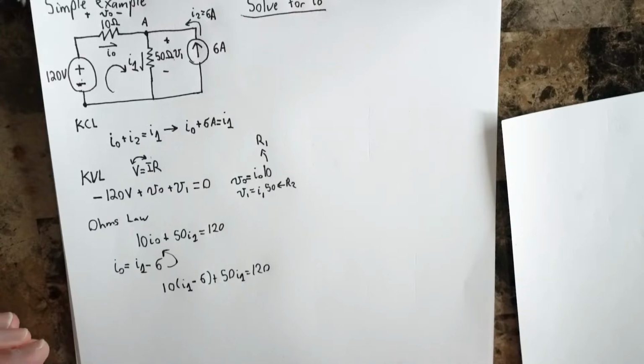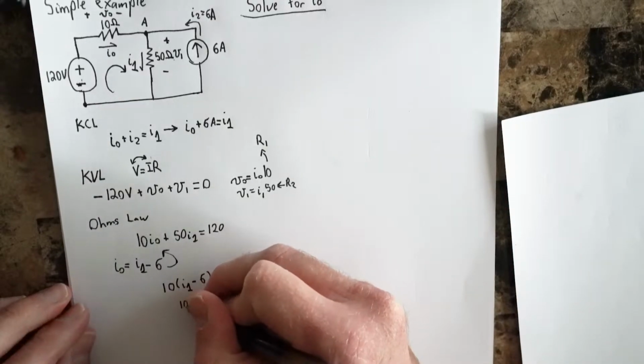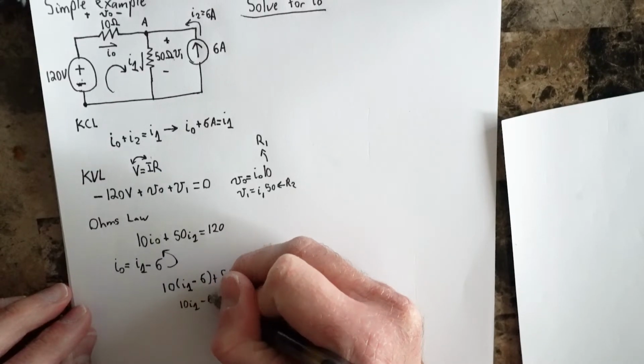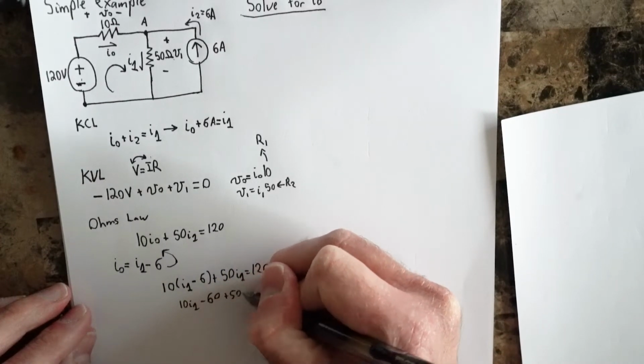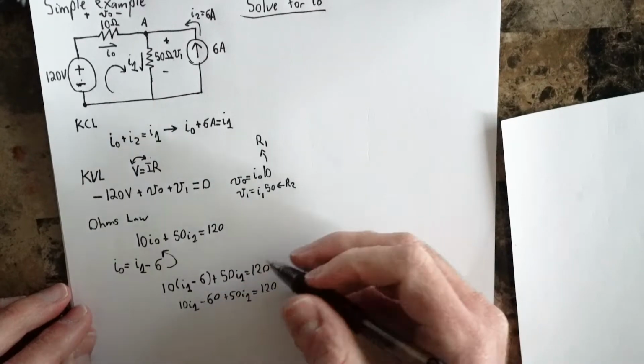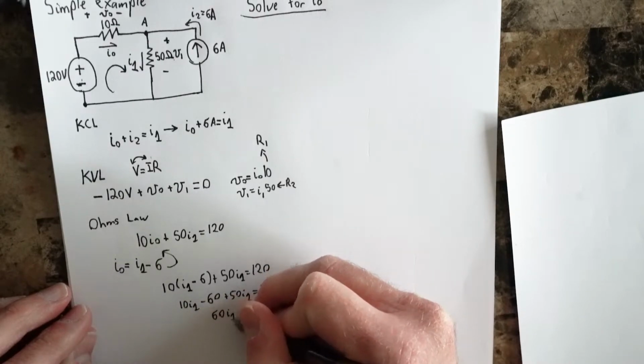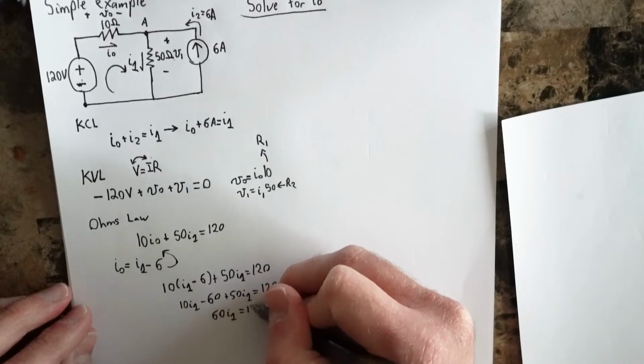Okay, so then let's go ahead and solve this out. Plugging this all together gets us 10 I1 minus 60 plus 50 I1 is equal to 120. Doing a little bit of algebra gets us 60 I1 equals 180.